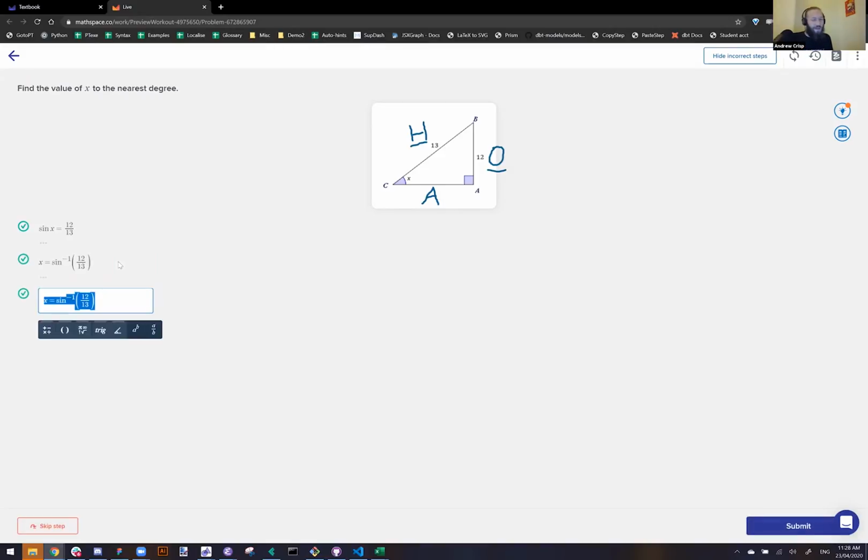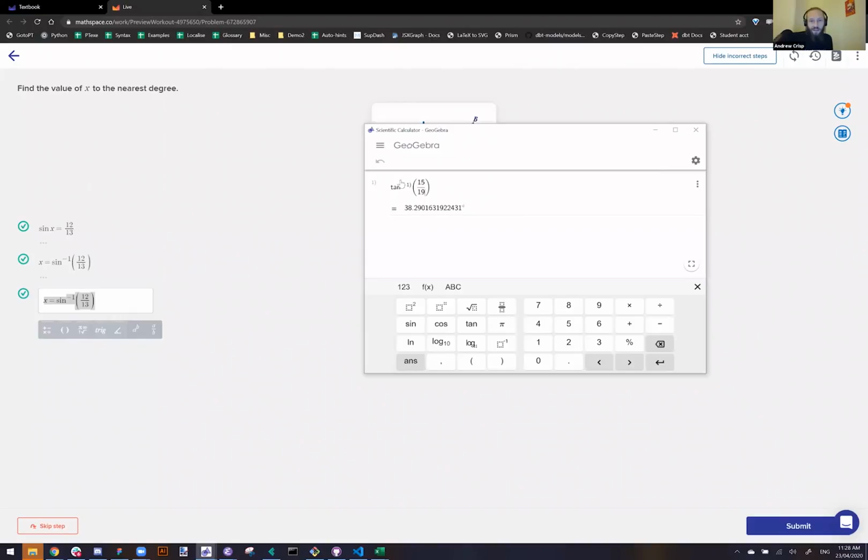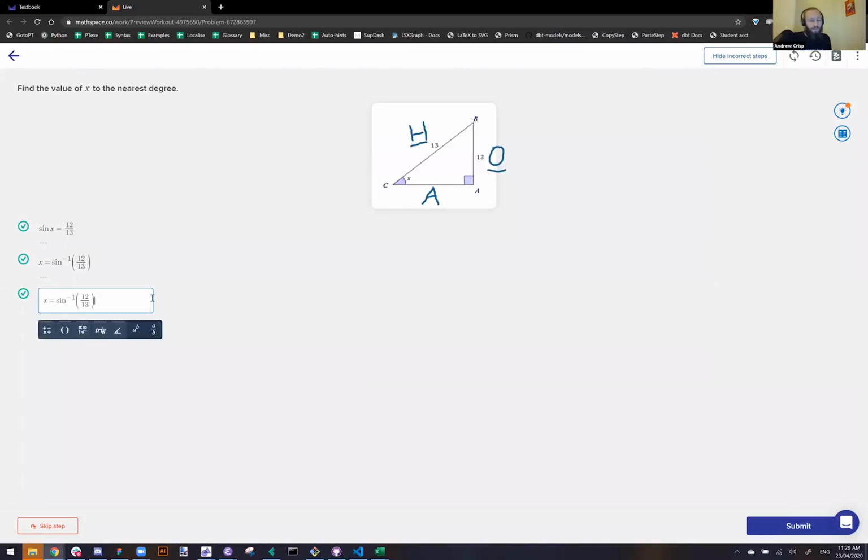Still doing the right thing, okay. And that's exactly what we are going to put into our calculator. Sine to the -1 of 12 over 13, 67 degrees. 67, enter. Excellent.